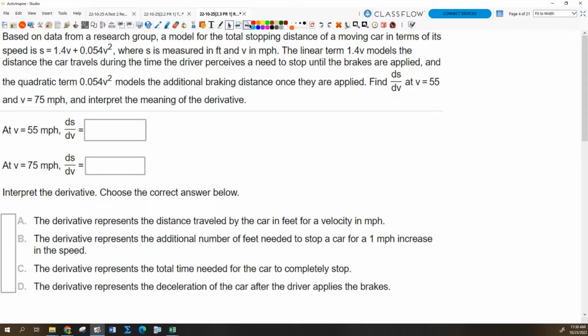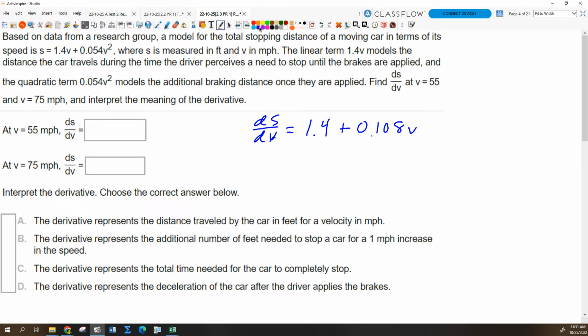Okay, so first of all, find the derivative, dS dV. Let's just find that function. So what is dS dV? There's my first term: the derivative of 1.4 V is 1.4, plus 0.108, so I'm going to multiply 2 times that decimal, times V to the 1.